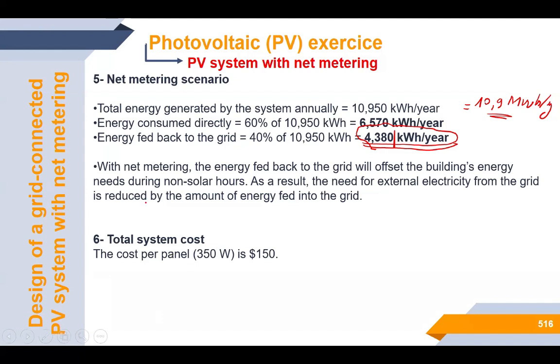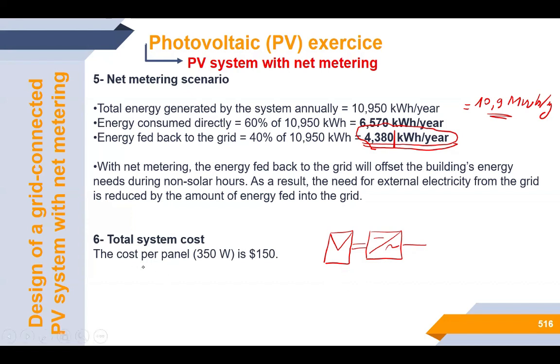We have to calculate the cost of solar panels, the cost of the inverters, the cost of cabling, etc., and the cost of installation. Let's just give a simple calculation of the cost of panels, inverters, and installation.